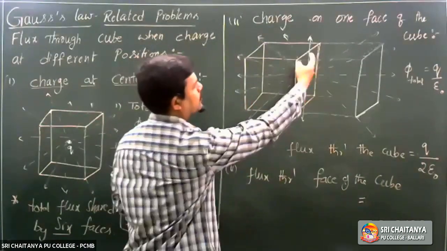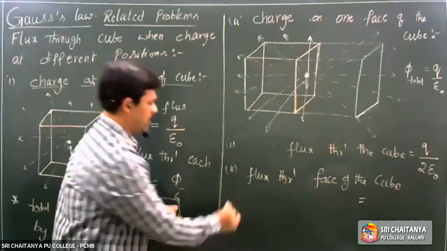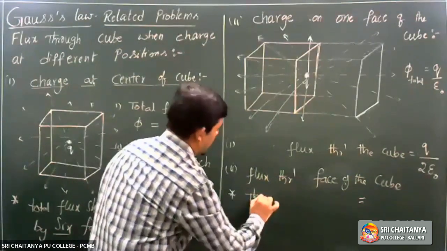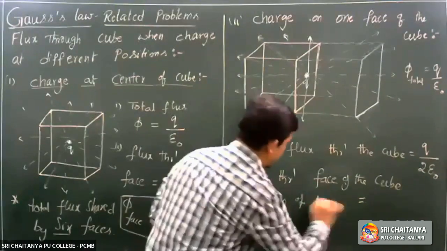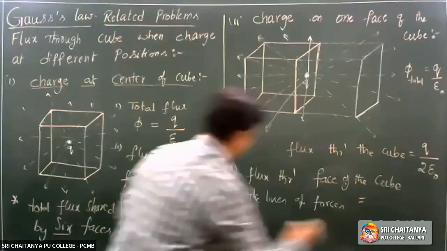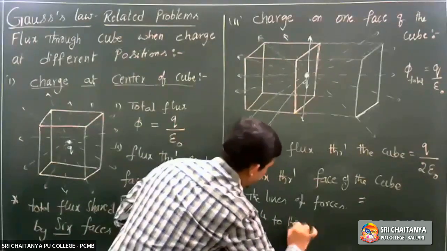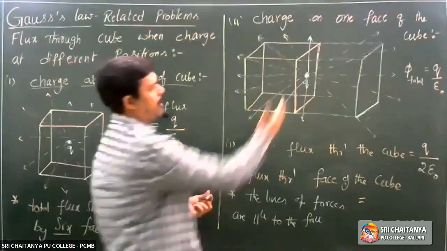How are the lines of force with respect to this face? The lines of force are parallel to the face. Are they not parallel to the face?